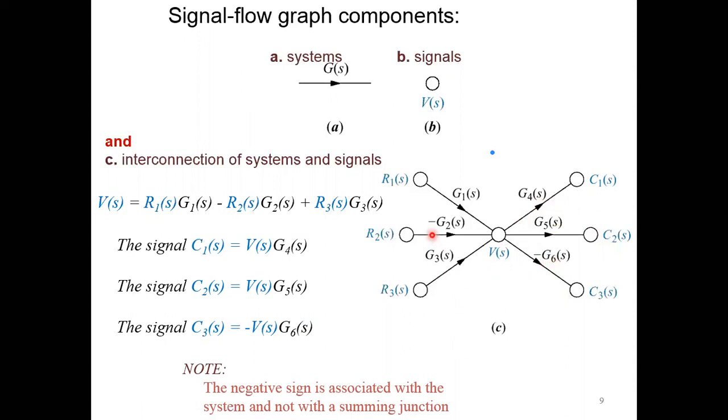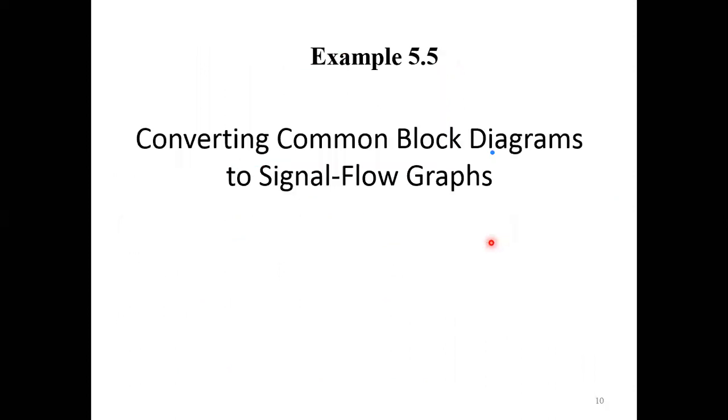The negative sign will be represented here on the system, and this node will not have the positive and negative signs. So let's solve our first example.